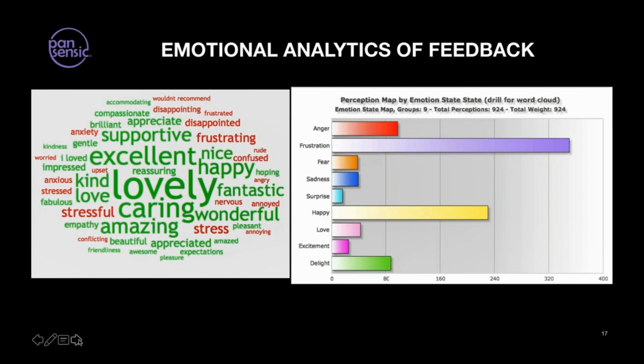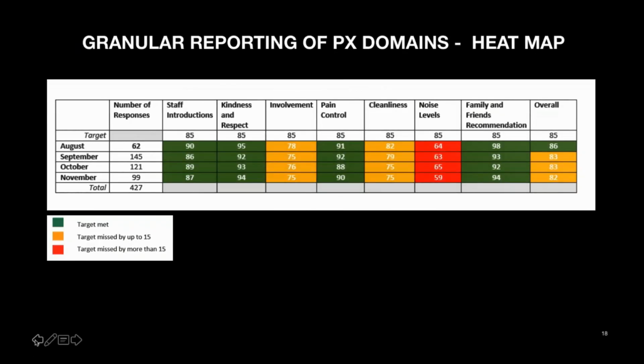But nowadays there are also technologies that can actually analyze the feedback using these keyword clouds, as you see on the left, that can translate into positive, negative. There are other technologies like the Pensensic tool that can actually map the emotions down to anger, frustration, fear, sadness, happiness, and delight. And I'll show you case studies of how that actually is used in practice.